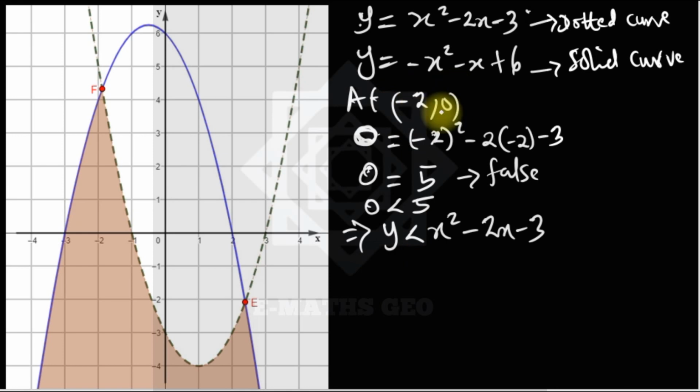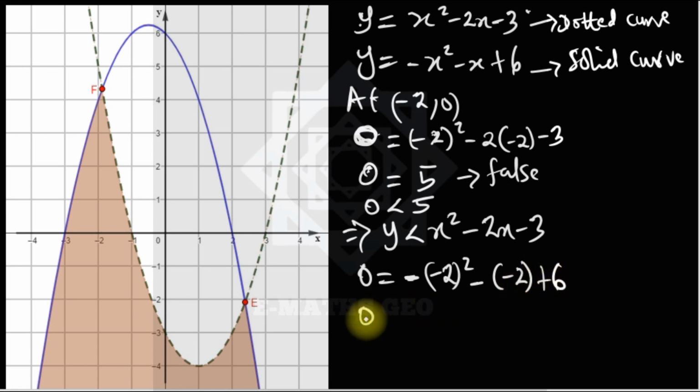So at that same point, because it's part of the shaded region, we have 0 equals minus 2 all squared, minus minus 2 plus 6. So what do you have to say? This is minus 4 plus 4. So this minus 4 plus 4 is 0.